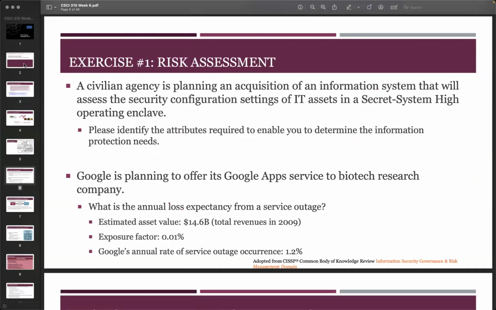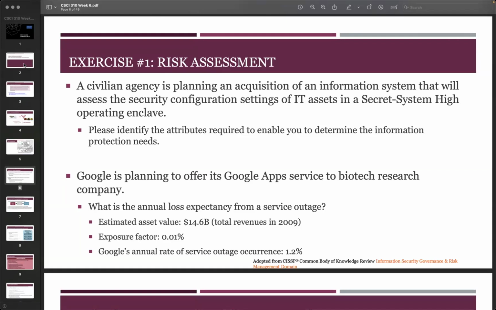So a civil engineer, let's say, right here, is planning to execute an information system that will access the security configuration setting, and the IT system is a secret system high, operating in the ECAVE. Please identify the attributes required to enable you to determine the information protection need.